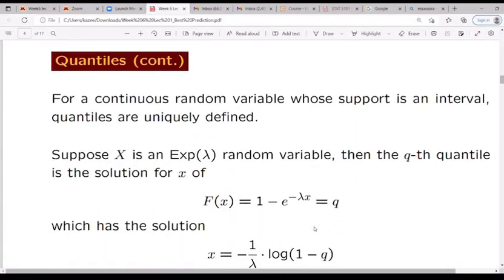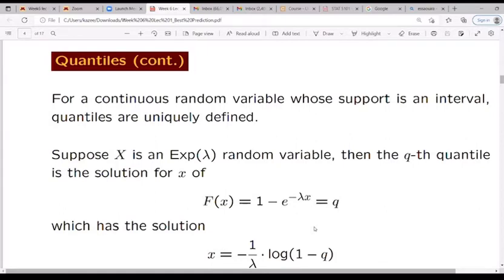I just walked you through the quantile for a discrete random variable, using the probability mass function, binomial distribution. But what if in a situation, how do we figure out the quantile from a continuous probability distribution?